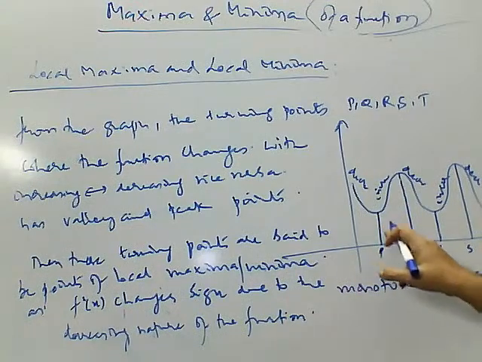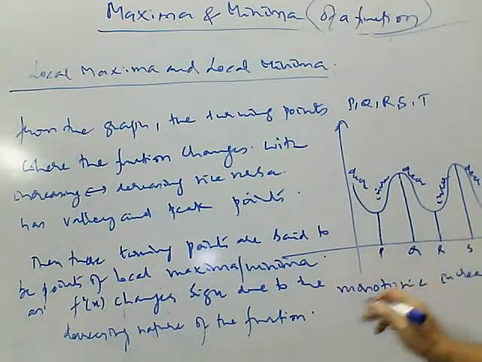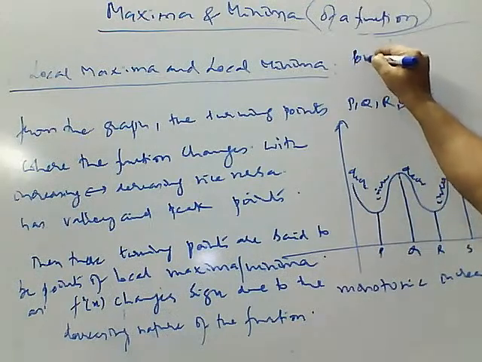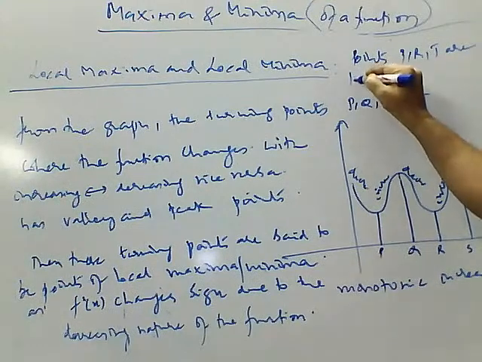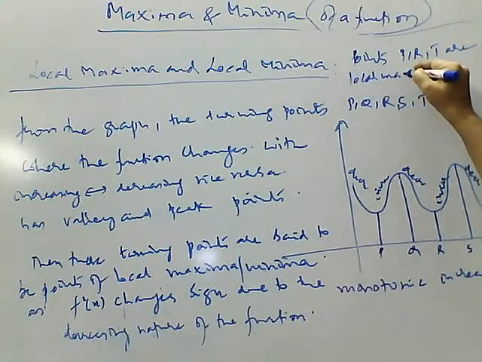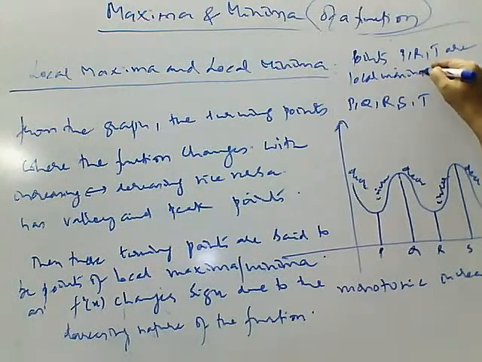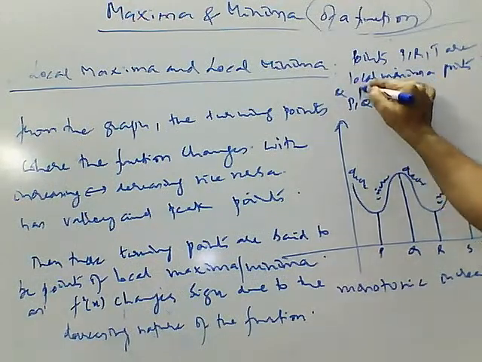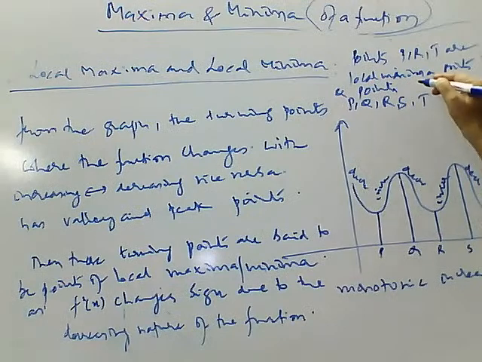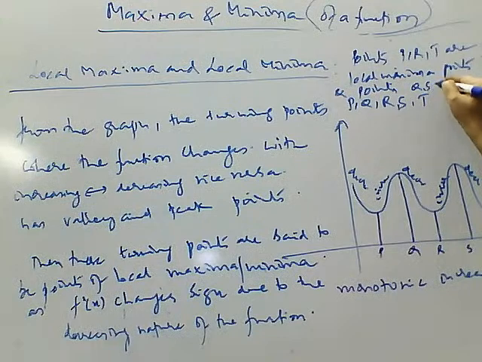So these are the critical points. P, R, and T are local minimum points, and points Q and S are local maximum points.